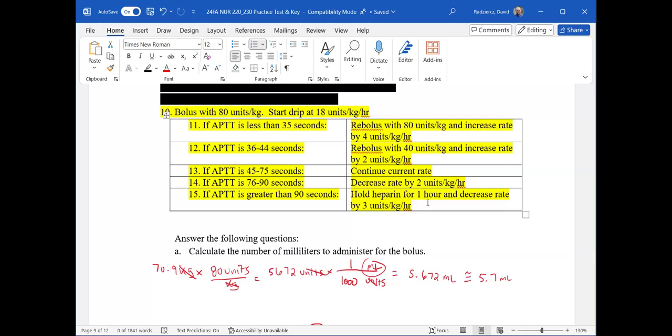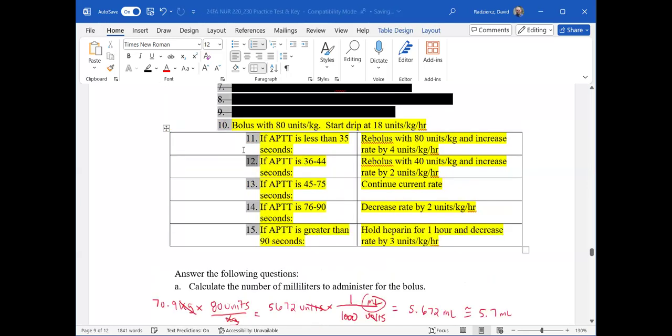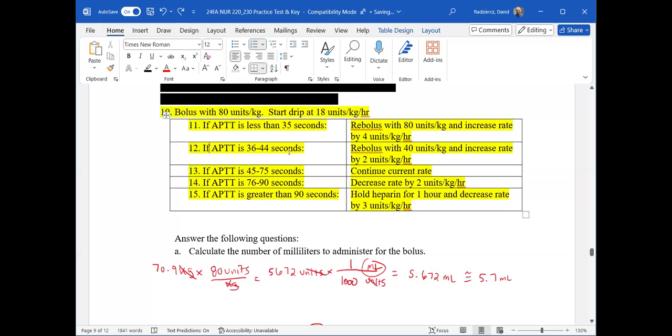So there's different things. You're just following what the protocol tells you to do in those scenarios. But I will say, at least any tests that I've ever written or gave examples for, we usually follow the step 12 scenario because it gives you 2 things to do: a new bolus and a new infusion rate. So let's work through that.